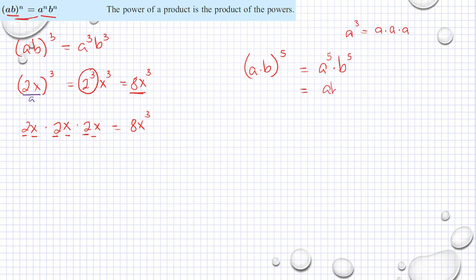Because we have ab multiplied by ab multiplied by ab multiplied by ab, and then one more time ab multiplied by ab. 1, 2, 3, 4, 5. And then we have 1, 2, 3, 4, 5 a's. We have a raised to 5 and then b raised to 5.